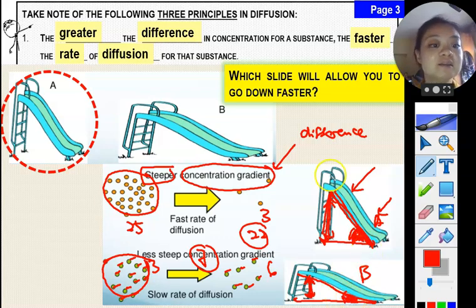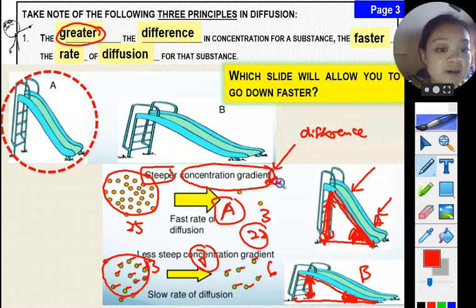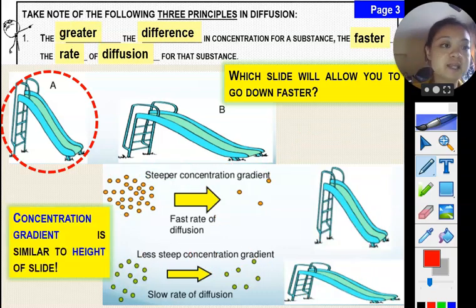So we say that the concentration difference here in A is greater, and therefore diffusion will occur at a faster rate. So just remember, greater, faster, lesser, slower. All right? So we can confidently say that concentration gradient or difference is similar to the height of the slide. So the higher the slide, the greater the gradient, the faster the diffusion rate.